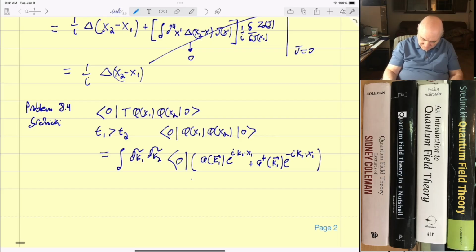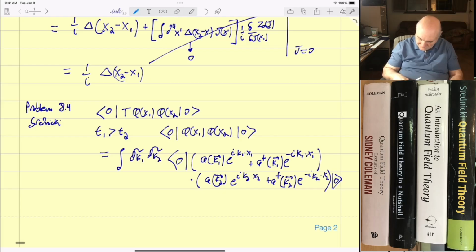And that factor is times a k2 e to the i k2 times x2 plus a dagger k2 e to the minus i k2 dot x2. And then we have the sandwich in the vacuum.